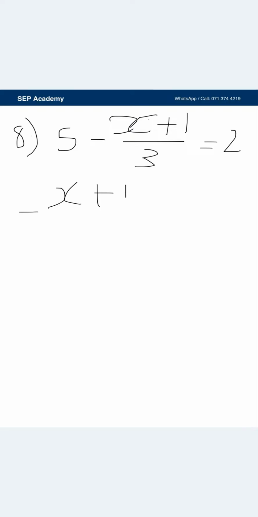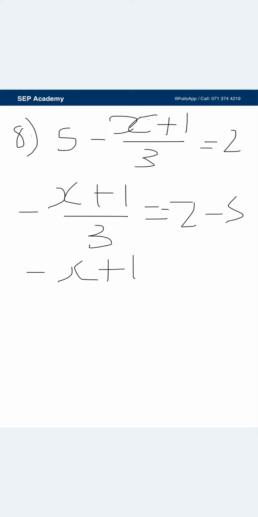So that means here I'll just remain with that, which should be equal to 2 minus 5. Then I'm definitely having my negative x plus 1 over 3, which is going to be equal to negative 3. Already you have negative on the left and on the right. They can just straight away cancel.